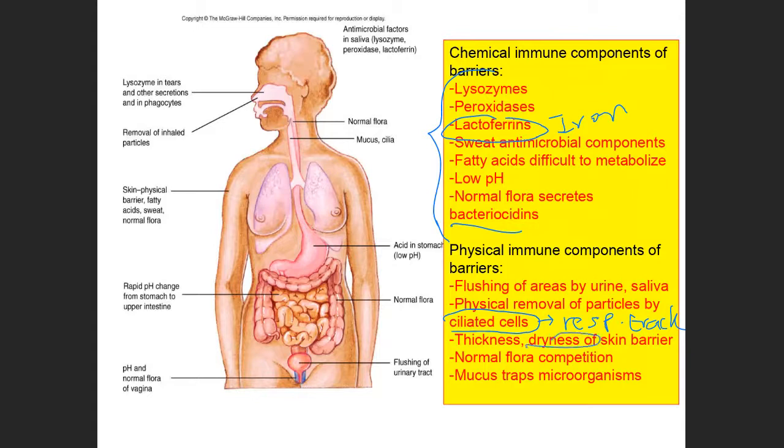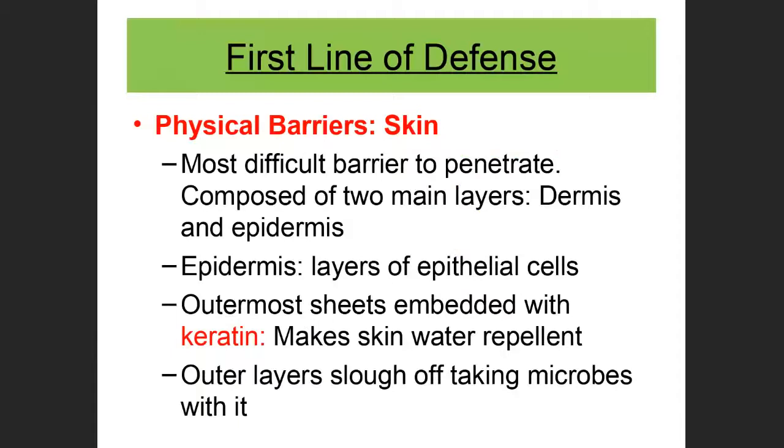Dryness of the skin, for example, the thickness of the skin is protective. Normal flora competition, mucus, which again is found in a lot of these internal membranes, like the GI tract membranes and respiratory tract membranes. So know the physical and chemical characteristics.